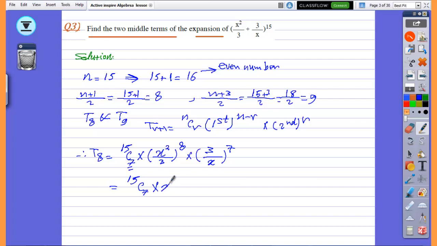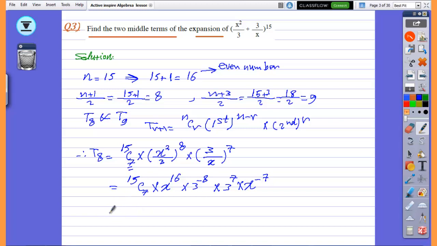So it is x power 16, as 2 multiply 8 equals 16, multiply 3 power negative 8, multiply 3 power 7, multiply x power negative 7. 3 over x power 7 equals 3 power 7, it is positive 7, and x power, it is 1 over x power 7, it is equal to x power negative 7.